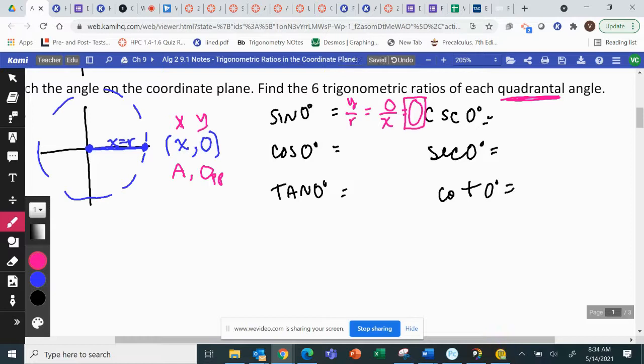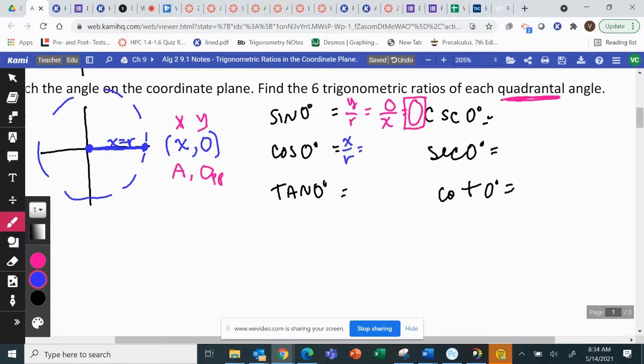The answer is 0. Now we're going to do the cosine and hopefully go a teeny bit faster. The cosine is normally adjacent over hypotenuse, but in our example above, we have adjacent is now the x and the hypotenuse is now the r. So I'm going to look at my picture.